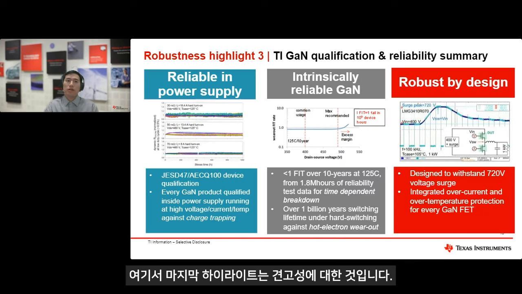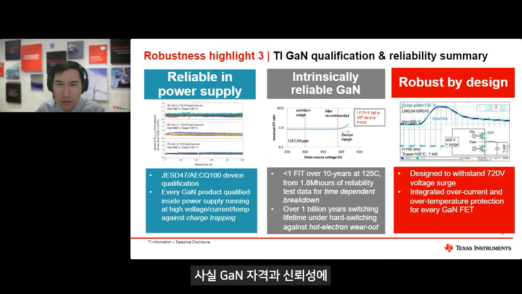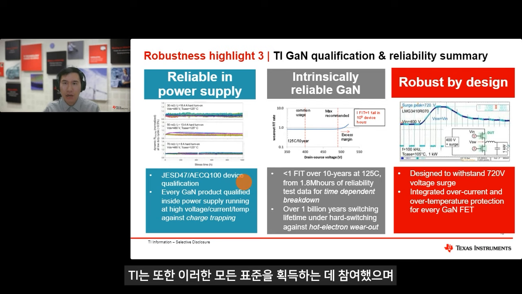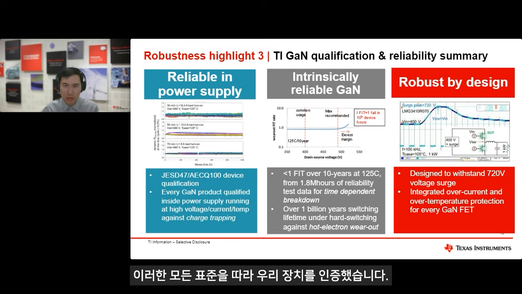The last highlight I want to talk about is our GaN qualification and reliability. This is work TI has been doing for years. We not only followed the silicon device qualification standards, we also participated in creating the standards specifically targeted at GaN devices, and followed all of them to qualify our device.